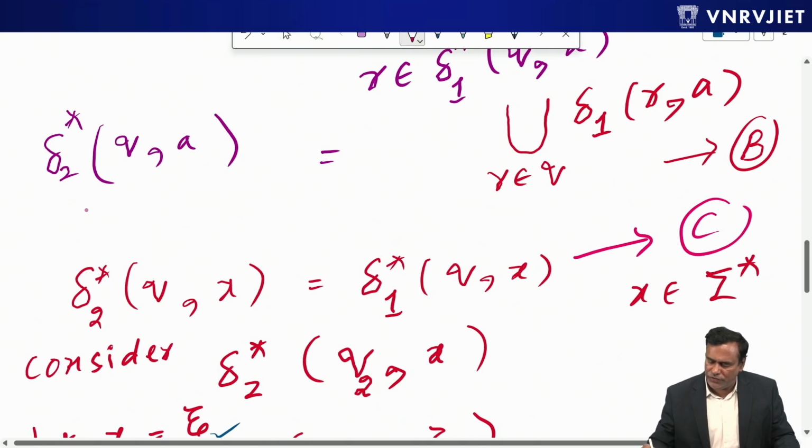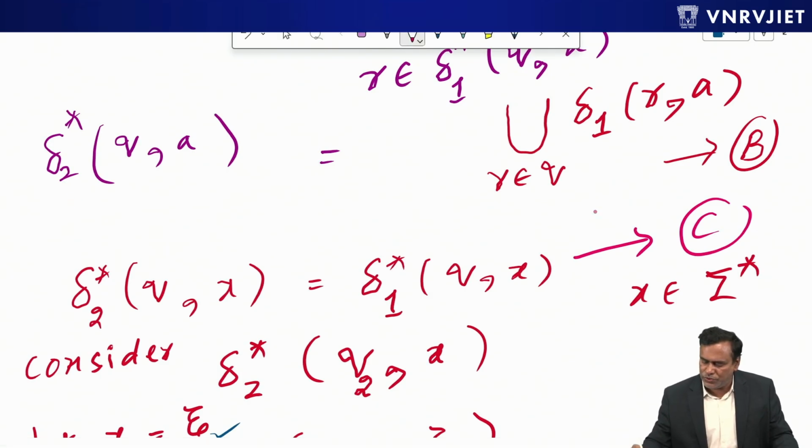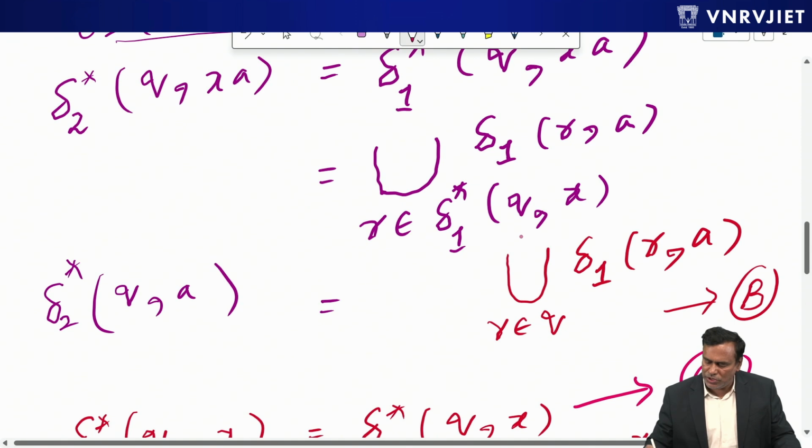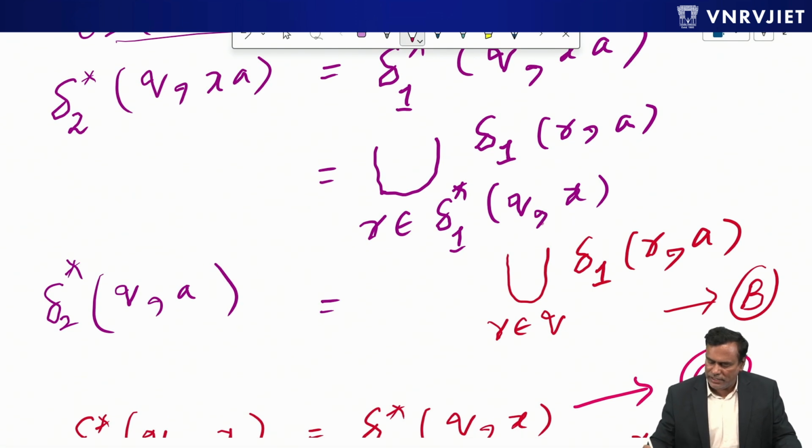Delta 2 star of Q A is this: union of R belongs to Q, delta 1 of R A. Just using this formula, R belongs to delta 1 star of Q X, delta 1 of R A. Here, this X is epsilon, so delta 1 star of Q epsilon is Q itself, therefore you have R belongs to Q. So delta 2 star of Q A is equal to union of R belongs to Q, delta 1 of R A. From this equation, I got this one.